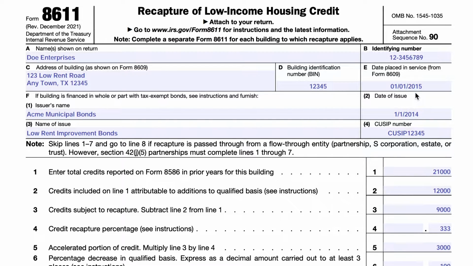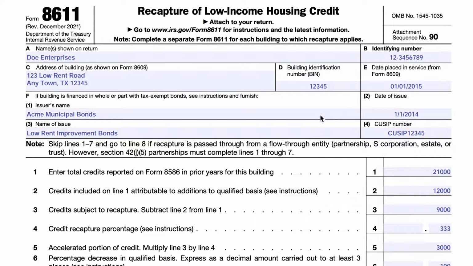And then in item F, if you finance the building partially or completely with tax-exempt bonds, such as municipal bonds, then you would finish this information. This is here simply for informational purposes, but you would enter the issuer's name and the date of issue.